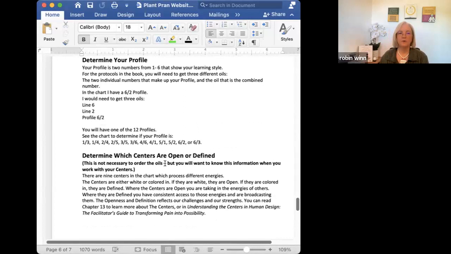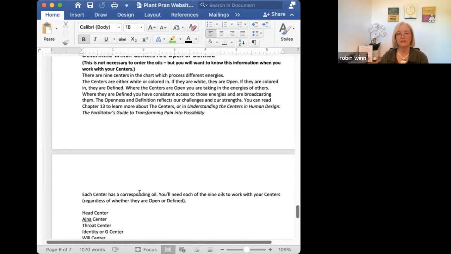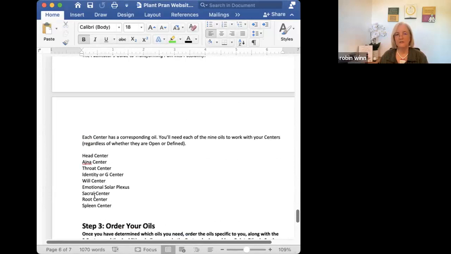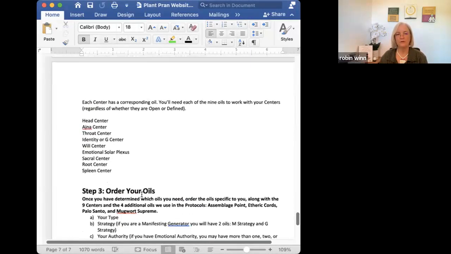Then we need both your profile lines, the 2 lines of your profile, as well as your profile. Again, these are the oils for the book. And then we need each of the 9 centers. Regardless of whether you're defined or open in those centers, it's the same oils.